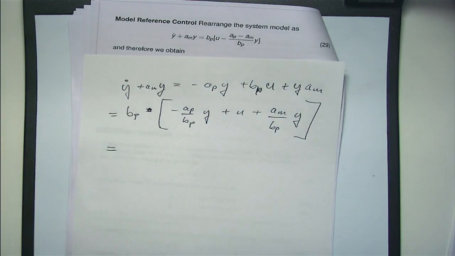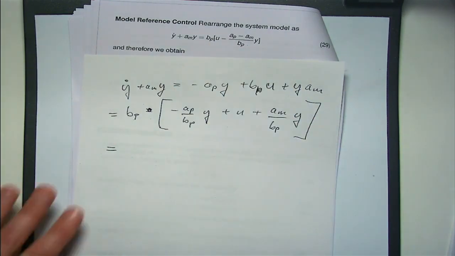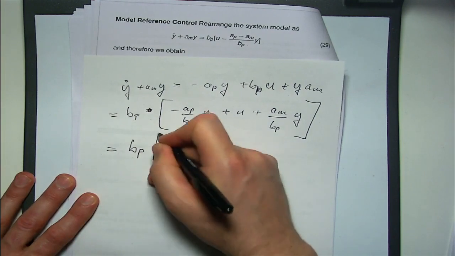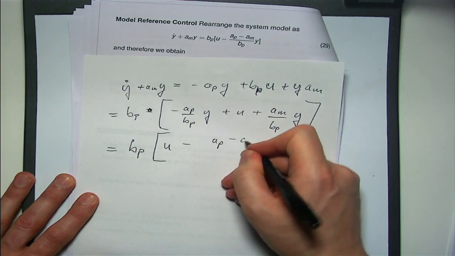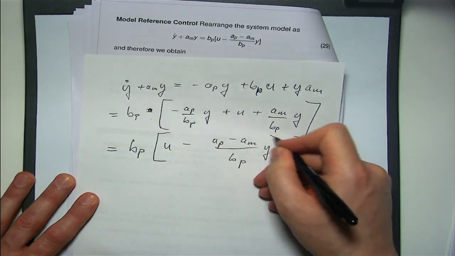And that can be rationalized to this behavior there. Good: u minus (Ap minus Am) over Bp times y.